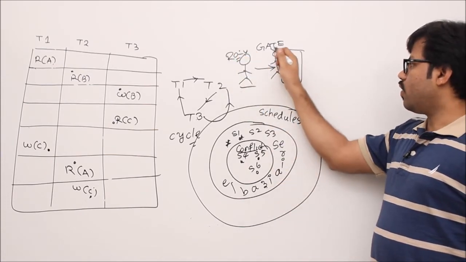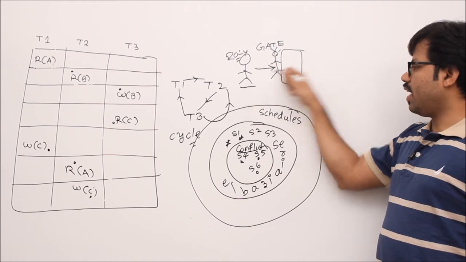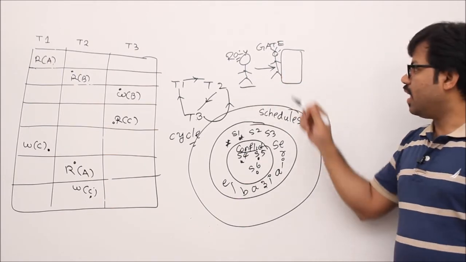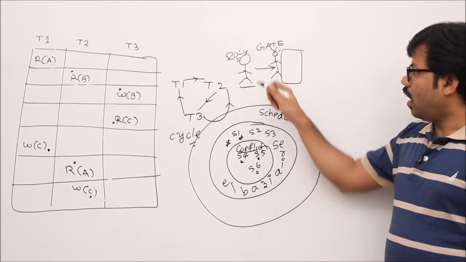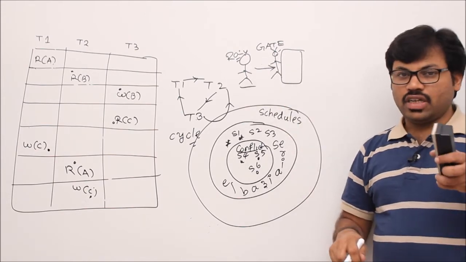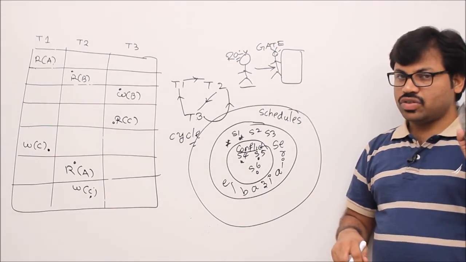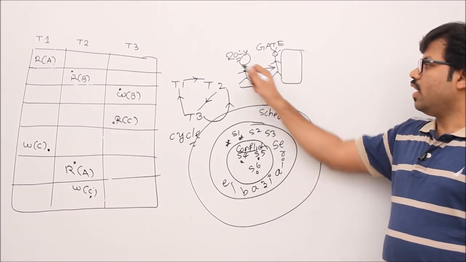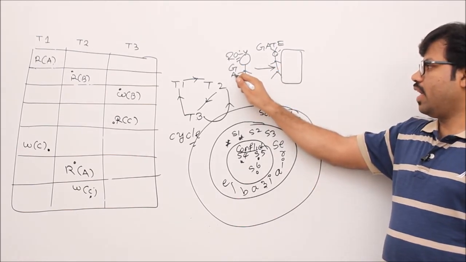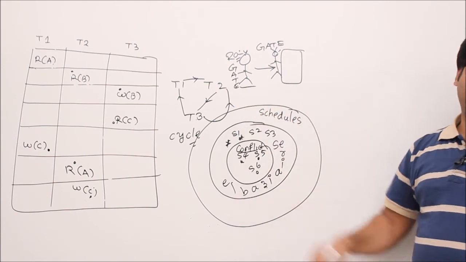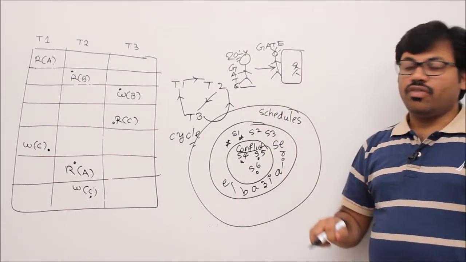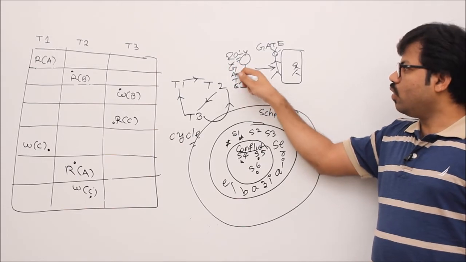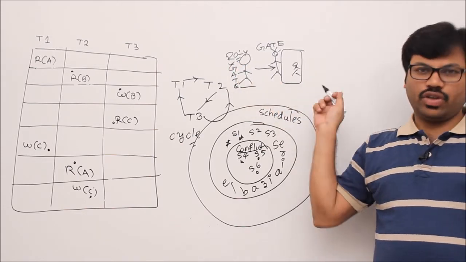But your father is the barrier. First of all, he has to cross your father, who will ask a lot of questions. Your father asks question number one: are you preparing for GATE? You cannot lie, you should tell the correct answer. If you say you really are preparing for GATE, then you are good, you can escape and go inside.